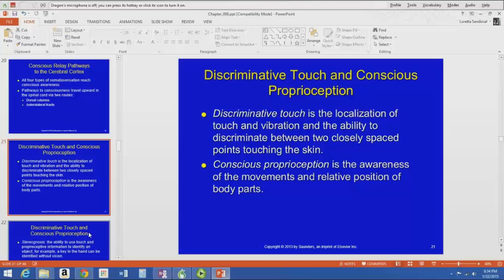That's the joint position testing that we did with the sensory testing, where you have someone close their eyes and you move their arm up, and you ask, is your arm up or down, and they tell you. They have that conscious proprioception, the sense of where their body parts are in space.